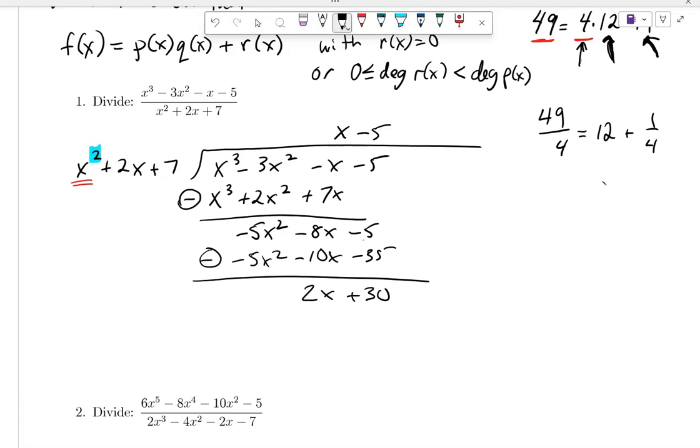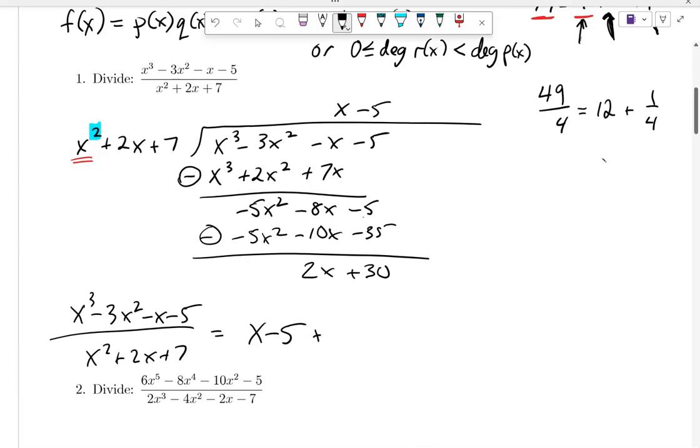Okay. So since I have this written as a fraction, another way to write this is, pardon me, as kind of the whole number part, the x minus 5, the quotient part, and then plus the remainder over what you divided by.